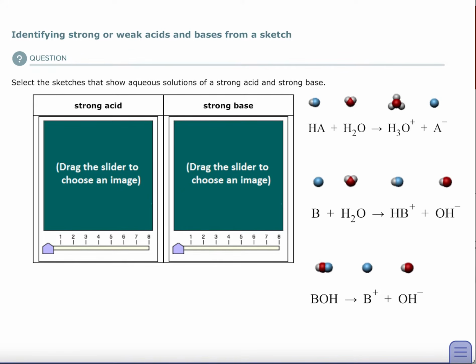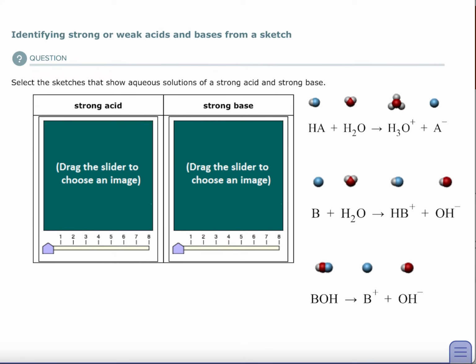There would probably be some water in it, and the blue dot for the conjugate acid, and the red dot with a hydrogen, the oxygen hydrogen, that's hydroxide. So if you have a strong base, you're not going to have any BOH mixture. You'll have water, the blue sphere, and then the hydroxide.